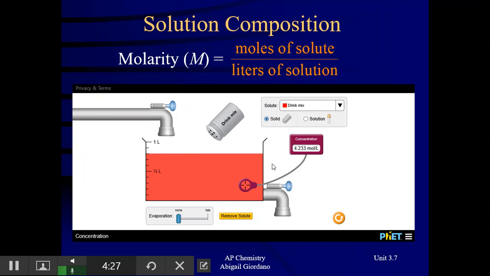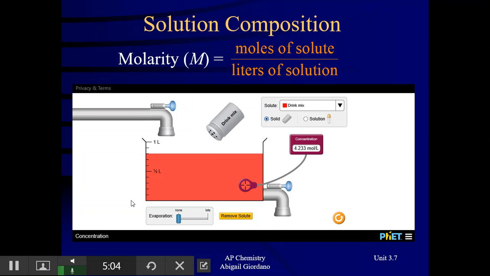Now let's try something else. Let's say I have this open container here and I let it sit out for 2 weeks. What do you think's going to happen? Isn't some of the water going to evaporate? And yes, absolutely it is. Now, when evaporation takes place, remember that's breaking intermolecular forces between the water molecules, and it's the water only that's going into the gas phase. Nothing's happening to the solute.